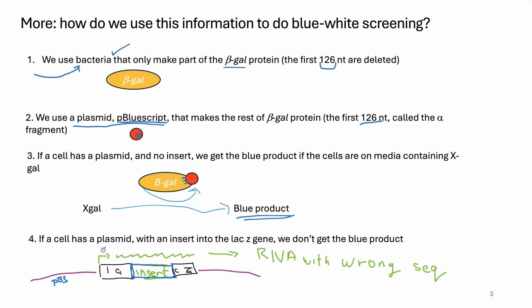And so this can still be transcribed and we'll get an RNA, but most of the RNA is going to be the wrong sequence, and therefore we're not going to get any alpha fragment. This is going to be missing, and therefore the beta-gal fragment by itself, which this should have had a symbol, sorry about that, is not able to make the reaction, and so we're going to get white colonies.